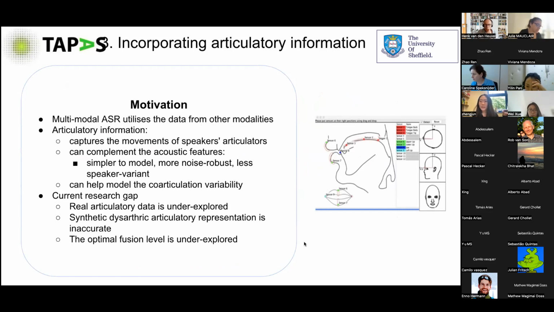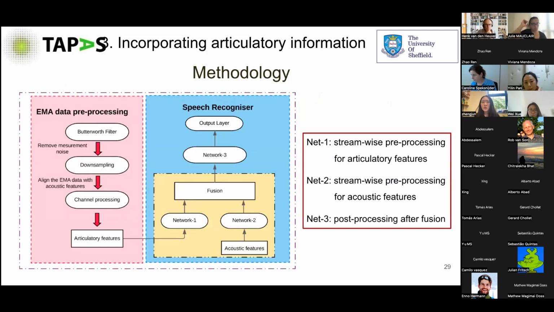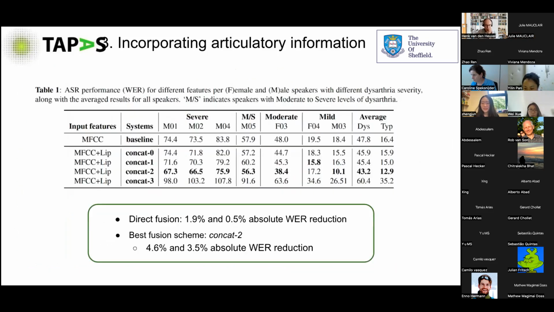We tried different components of them, and we found we use this lip information. I also mentioned in my paper that I use Euclidean distance instead of the raw information, and this gave us the best result. Okay, thank you. No problem.